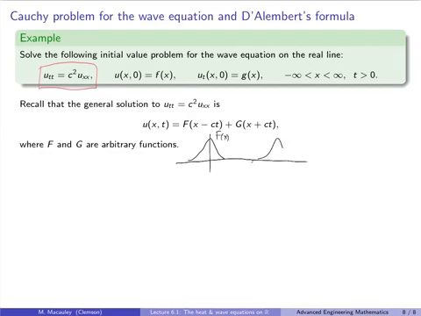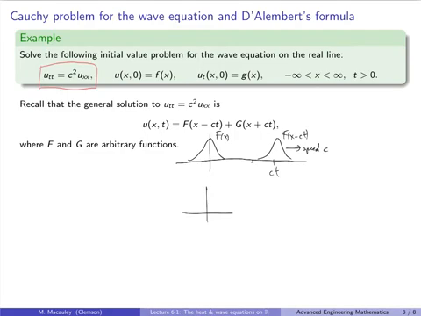Then f of x minus ct represents that signal moving at speed c to the right, and a distance ct away.